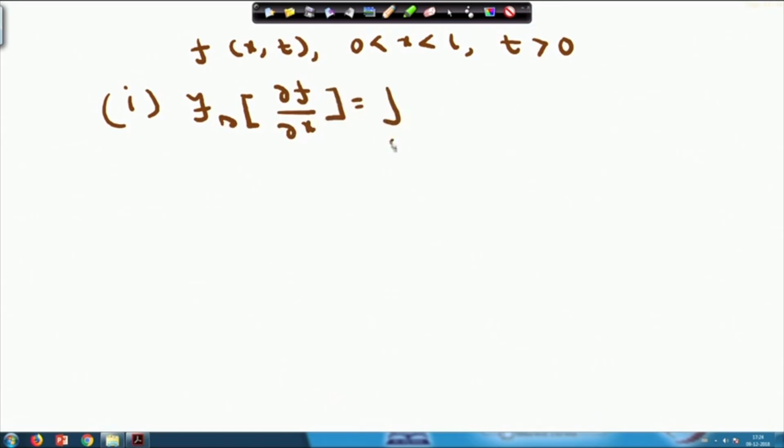From the definition, the finite sine transform of del f del x over 0 to L is the integral of del f del x into sin n pi x by L into dx.